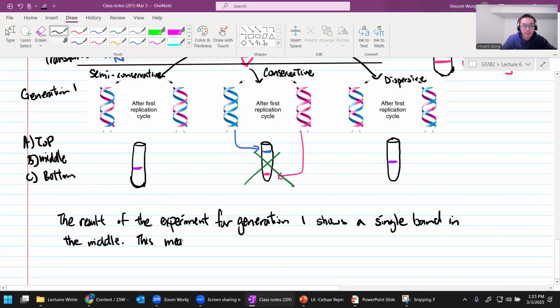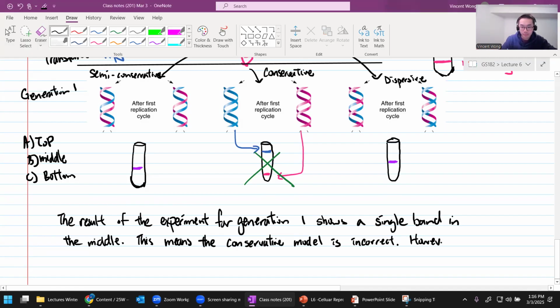This means the conservative model is incorrect, because if it was correct, you would have seen two bands. They did not see two bands. They only saw one.